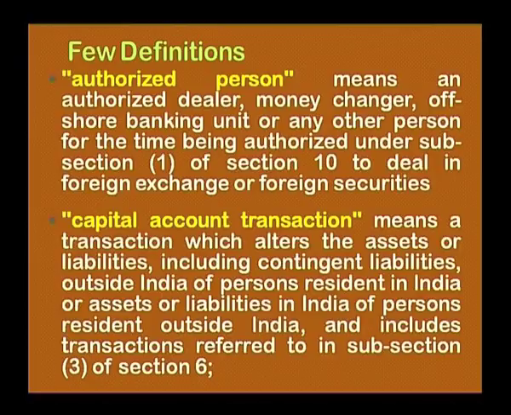Capital account transaction. It means a transaction which alters the assets or liabilities, including contingent liabilities, outside India of persons resident in India, or assets or liabilities in India of persons resident outside India, and includes transactions referred to in subsection 3 of section 6.